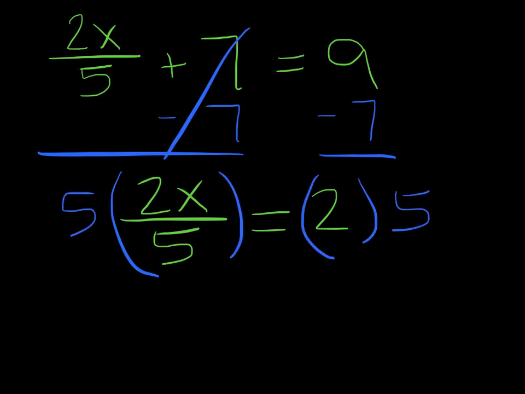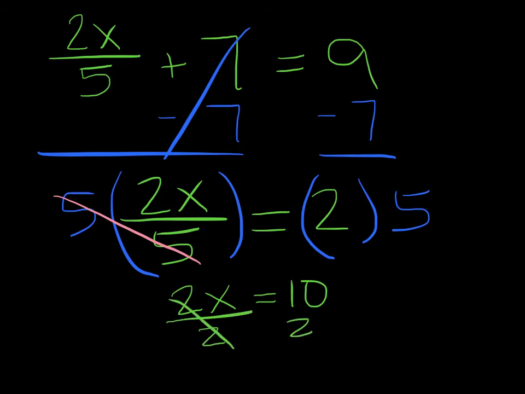All right, once again, when you multiply and divide by a number, that number cancels out, which leaves me with 2x equals 2 times 5, which is 10. And then I can lastly divide by 2, and I would end up with x equals 5.